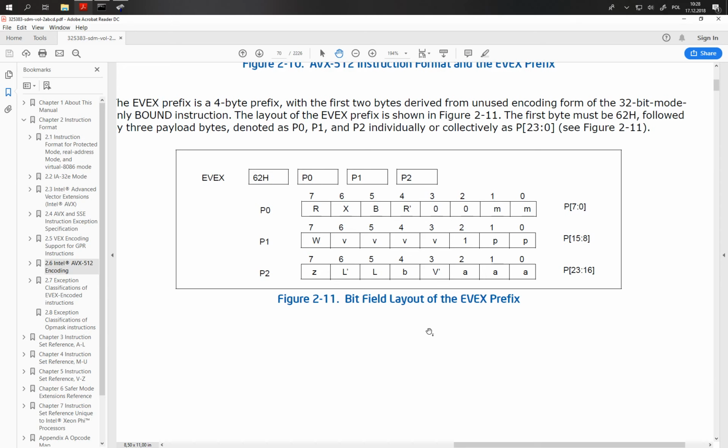And for this reason we have bits such as another bit after R, R higher, and a higher bit for V.